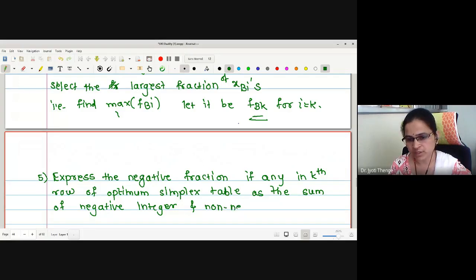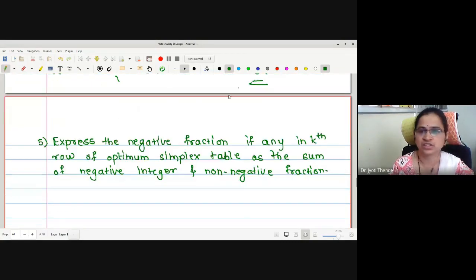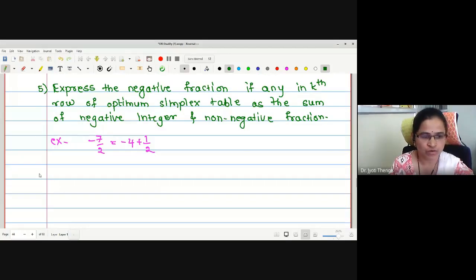You have to remember that the fraction we select is always a non-negative, or rather positive, fraction. Here let me give an example. If we have minus 7 upon 2, you should not write this as minus 3 minus half. You should write this as minus 4 plus half: negative integer plus positive fraction.